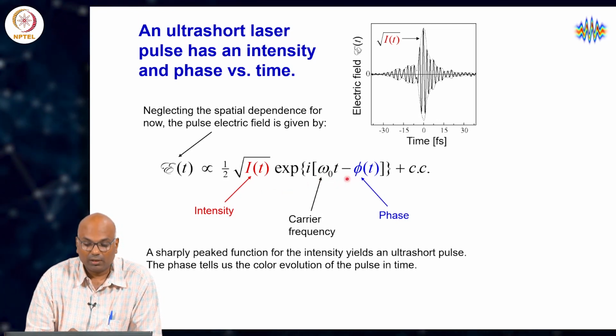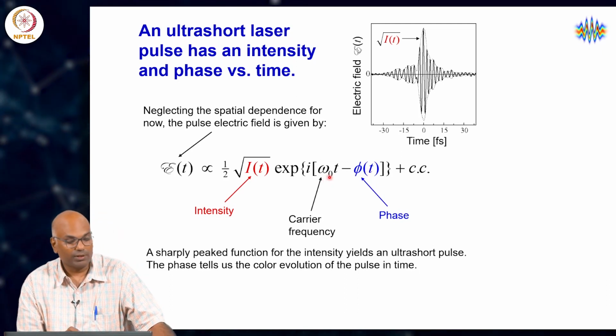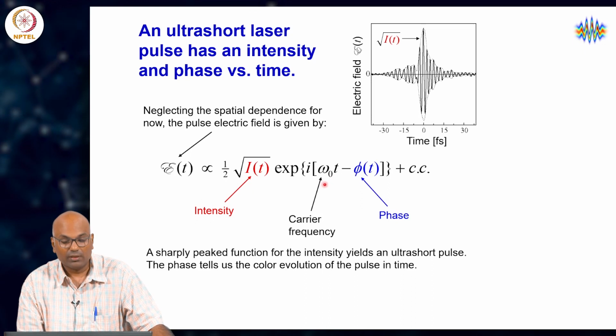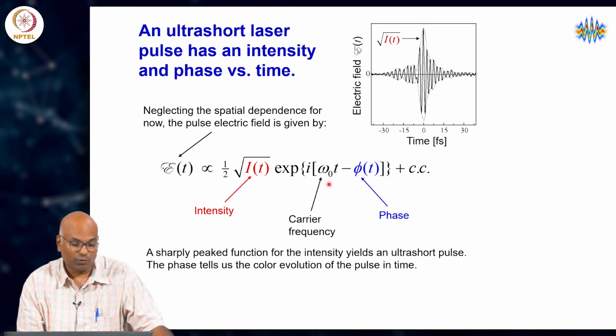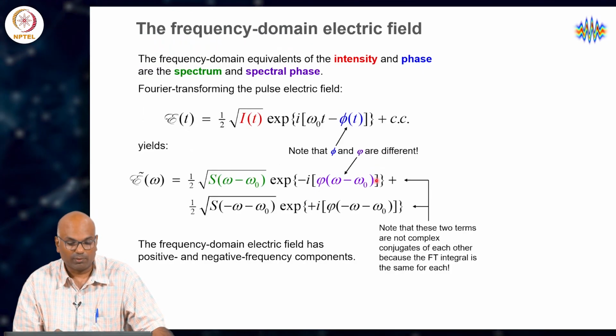Both of these are relatively slow variations in time as compared to the carrier frequency, which has an angular frequency value of omega naught, which is set for a given condition where we describe the pulse.